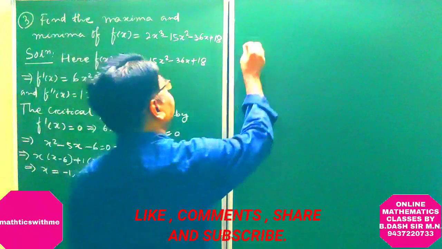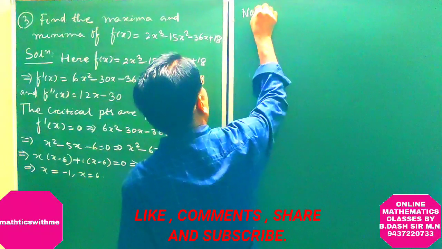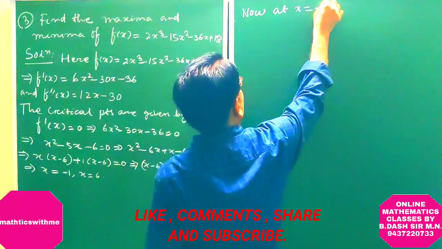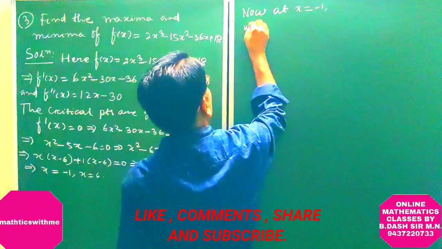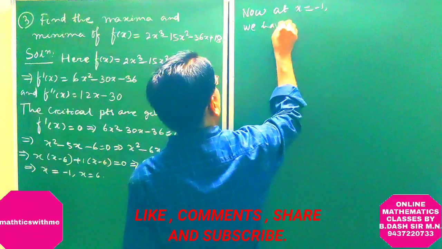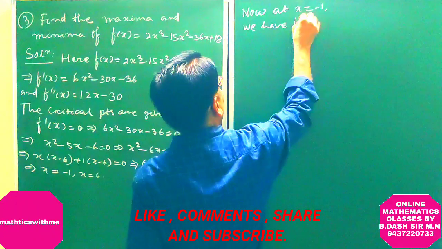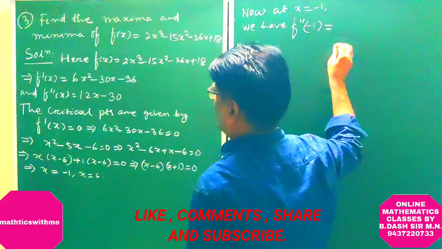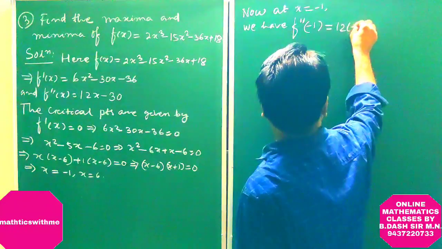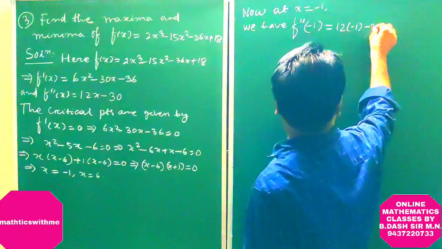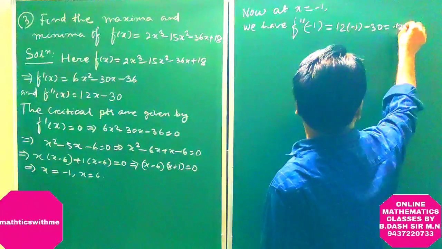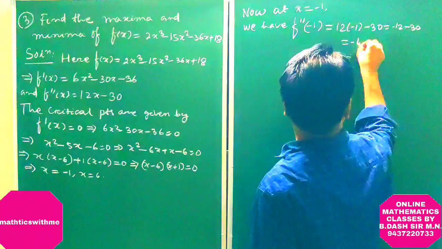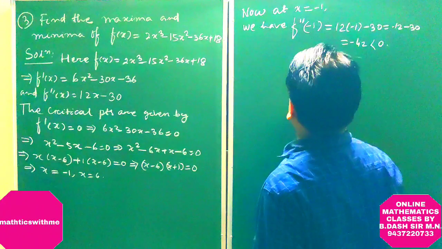Now, at x is equal to minus 1, we have f double dash of minus 1. This is equal to 12 into minus 1 minus 30, minus 12 minus 30 is equal to minus 42, less than 0.